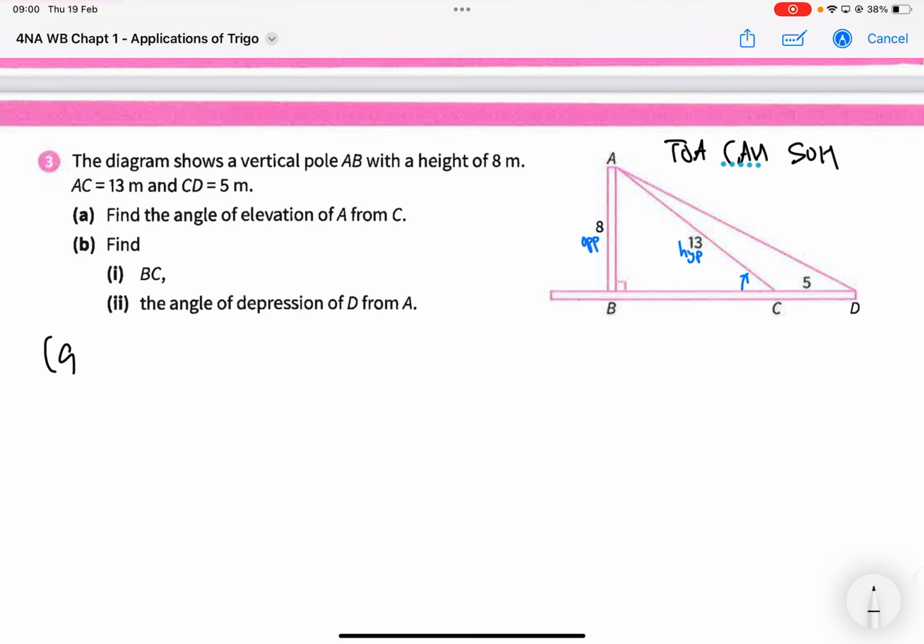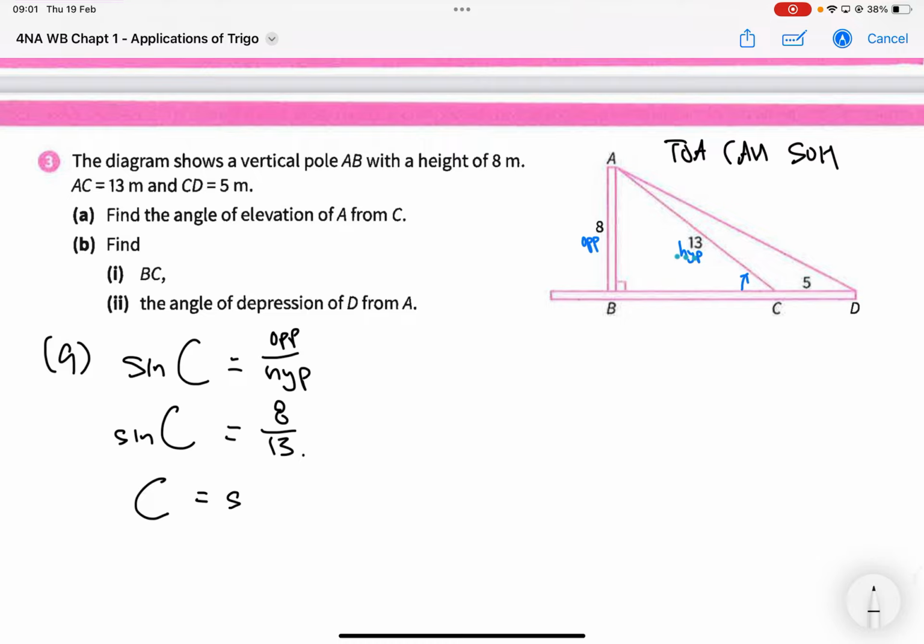So part A, I know that I have to use my Tuakaso. I know that I have to use the sine. So sine of angle C is equals to opposite over hypotenuse. Sine of C is 8 over 13. Then same, I want C, I must take sine inverse on both sides.